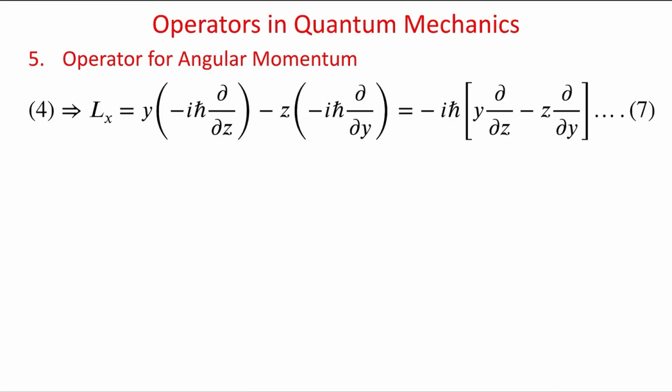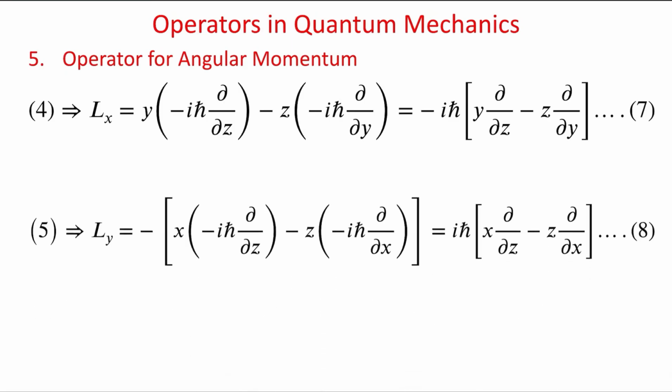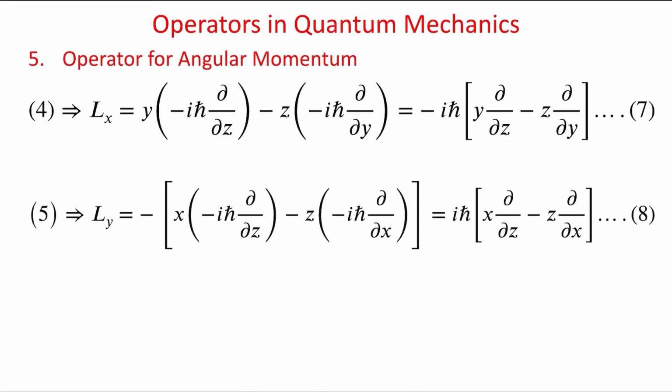Taking the common term out, Lx is equal to minus i h cross (y del del z minus z del del y). This is equation 7, and it gives the operator for the x component of angular momentum.